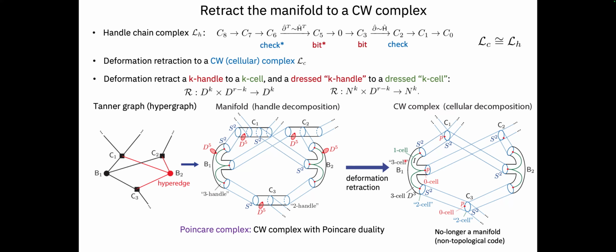Another interesting fact is that the CW complex we build in this way will also have a Poincare duality, due to the isomorphism associated with this chain complex. What we obtain is a Poincare complex, a special type of CW complex. Then we can promote the asymptotically good classical code to a code defined on the CW complex.